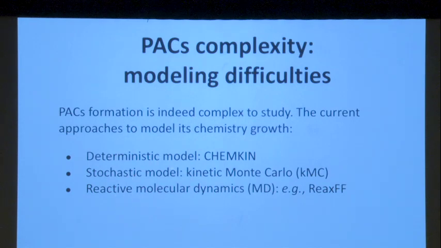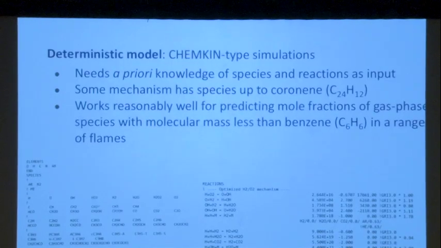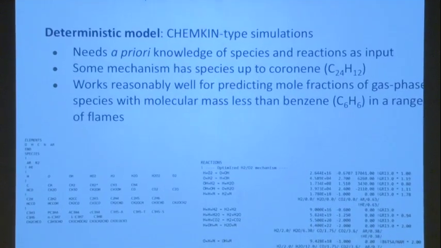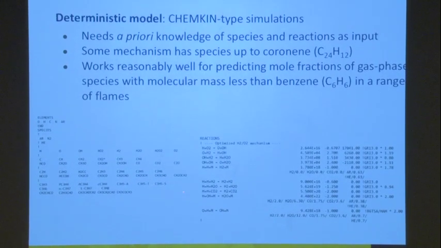Those are the 2 that I want to talk about tomorrow to show how we can implement this story. The example for the deterministic model is something that I'm sure at least some of you are familiar with. This is not an eye test.